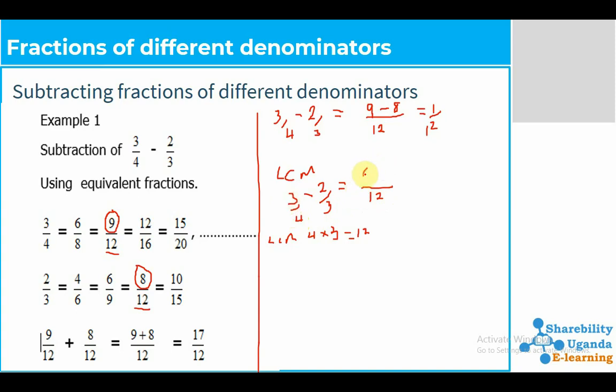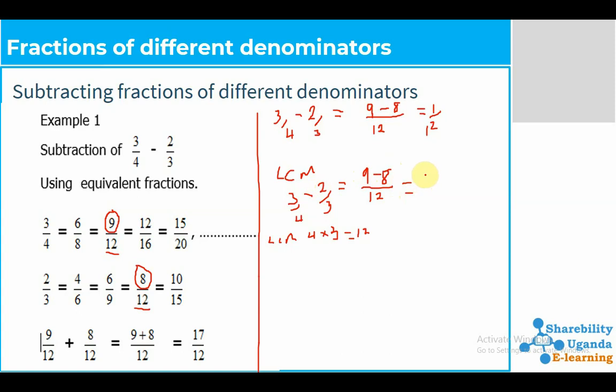Okay, good. Then we come here and say, what is 12 divided by 3? We get a 4. What is 4 times 2? 4 times 2, we get 8. So we can see that we have got the same operation, which looks alike.